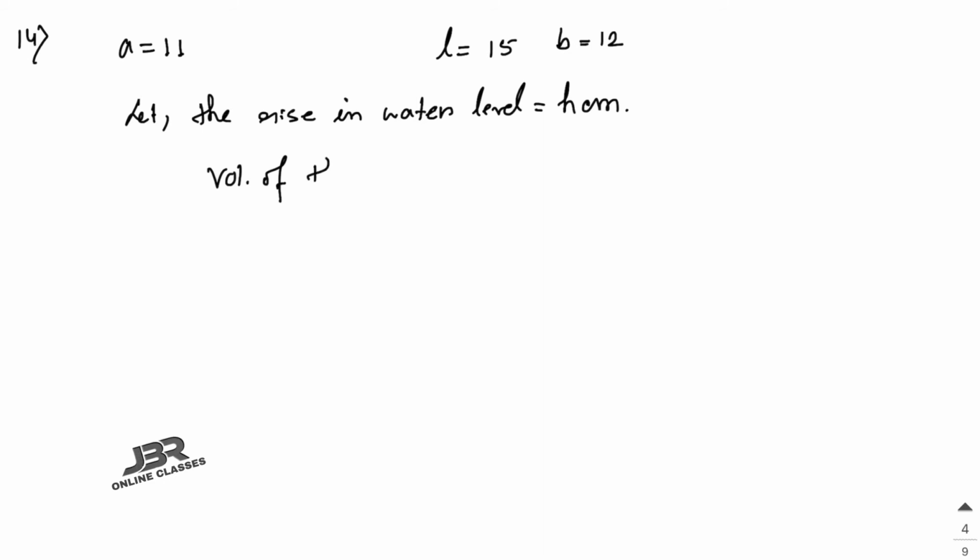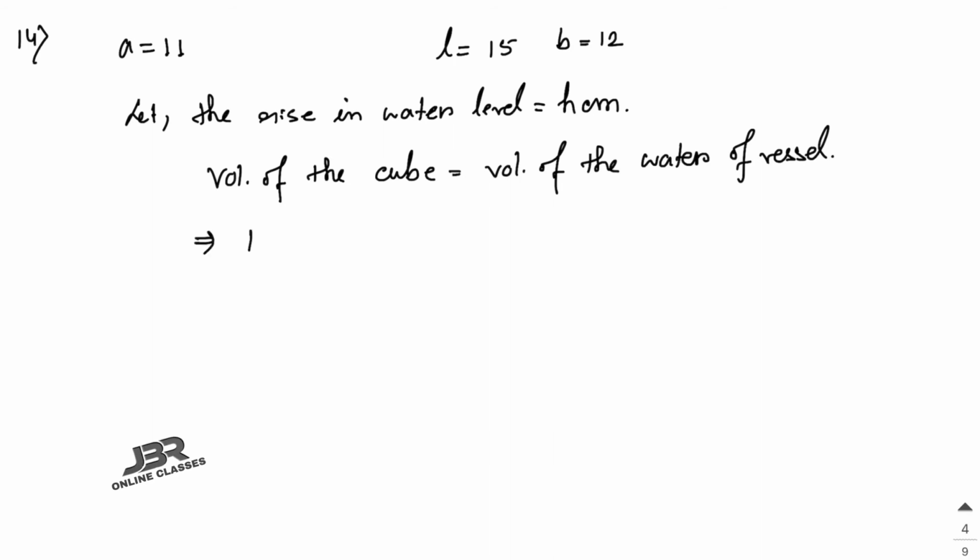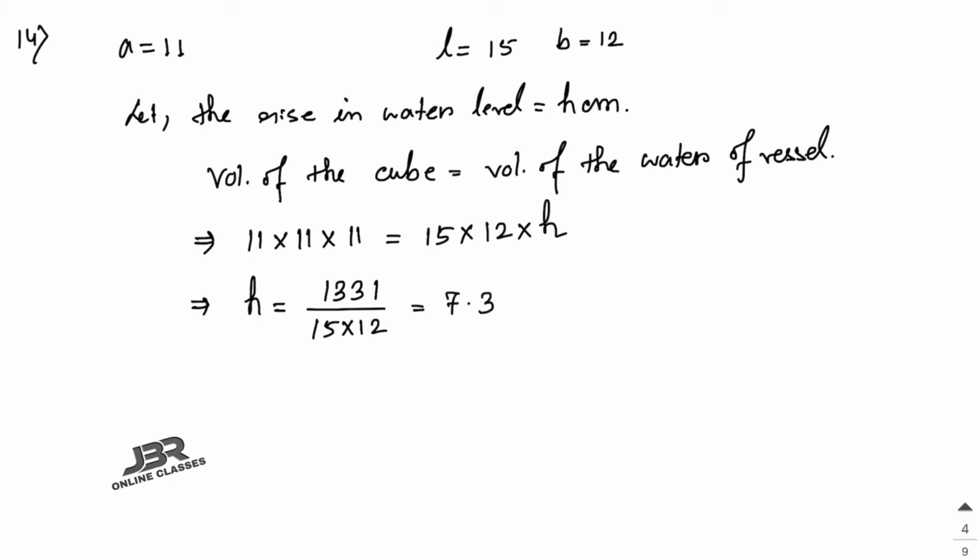Now the volume of the cube will be equal to the volume of water of the vessel. Here volume of the cube is 11 into 11 into 11, and volume of the vessel is 15 into 12 into h. Now from that you can easily find the value of h. Here 11 into 11 into 11, that means 1331, divided by 15 into 12, equals 7.39 centimeter as your answer.